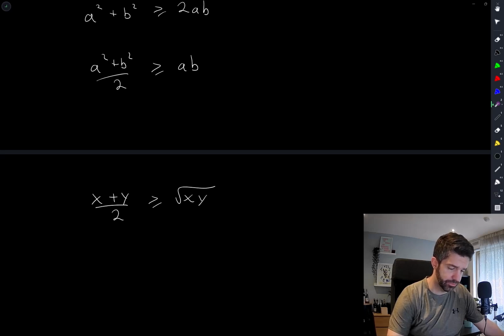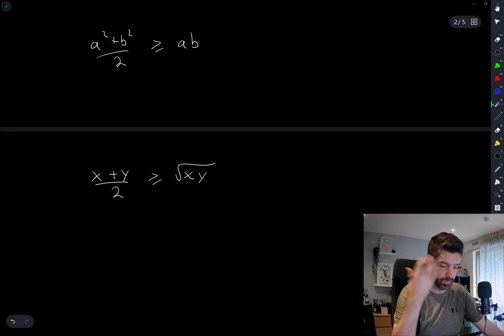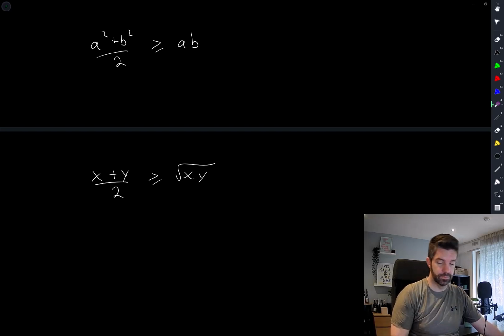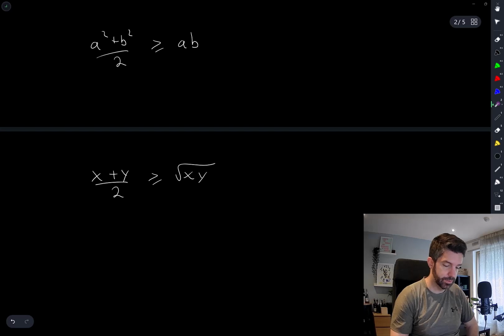Which, I mean, is this the standard way of proving it? I don't know what the standard way of proving that result is, but if you can assume the well-known result that the arithmetic mean is greater than the geometric mean, then just reverse these steps.